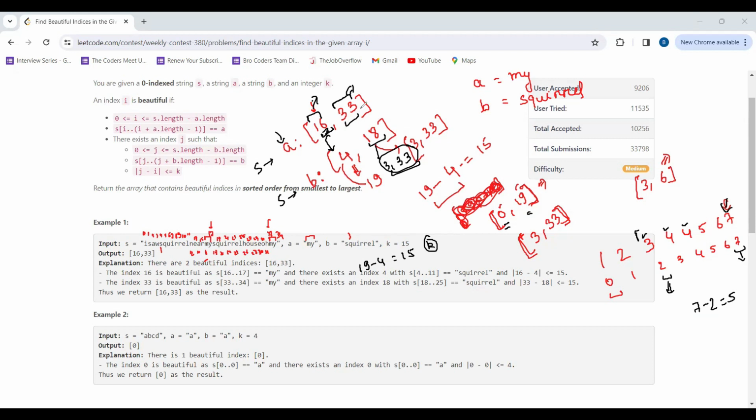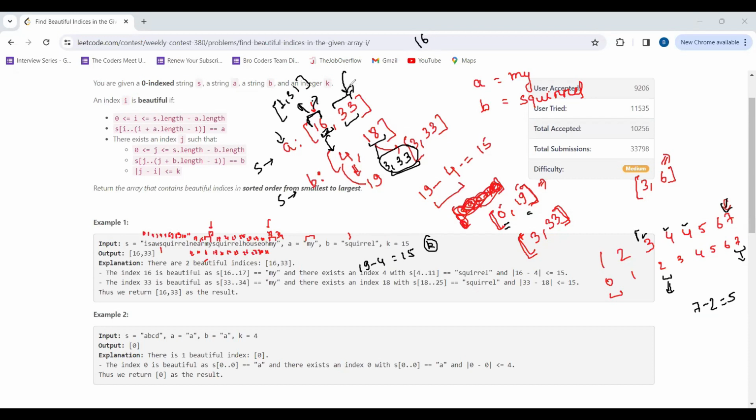First of all, what we'll need to do is verify for this index. For 16, what's the acceptable range? It's from 1 to 31. Is there an element which is present in this range in array B? Yes, there are two elements in array B which fall in this range. So we can count 16 as a beautiful index.